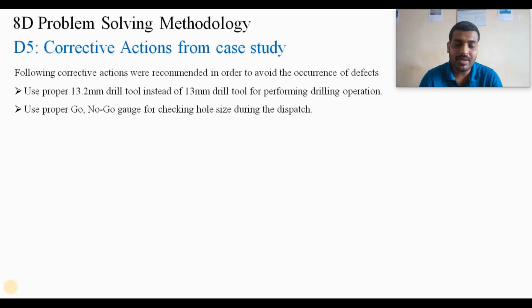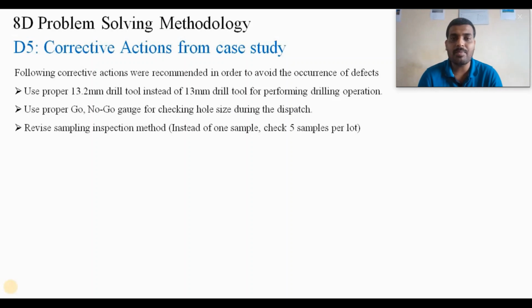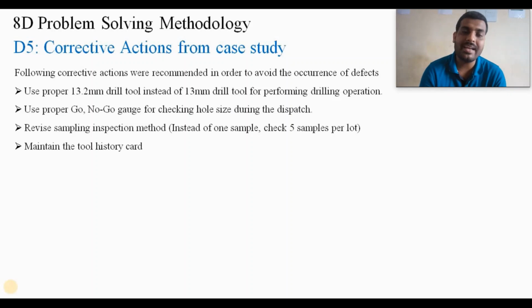Then revise the sampling inspection method. Instead of one sample, they have started to check 5 samples per lot. Then at the end they started maintaining a tool history card, so that they know how much life is used and how much life of that drilling tool is pending, like this way. So this is about the corrective actions from the case study.